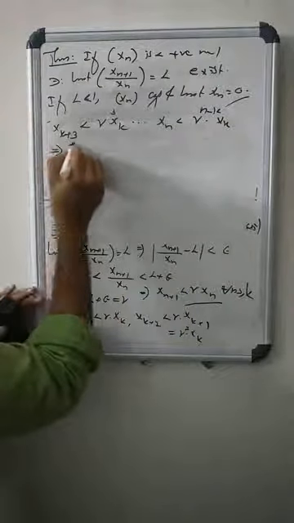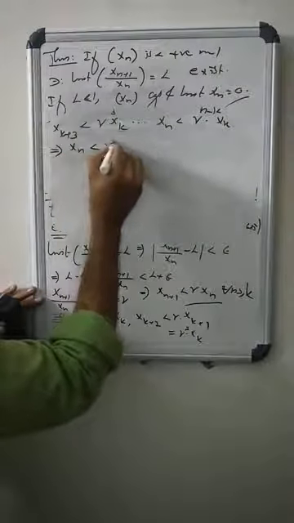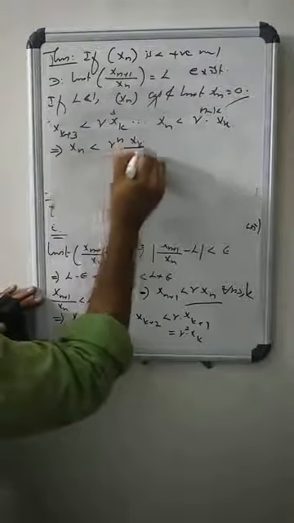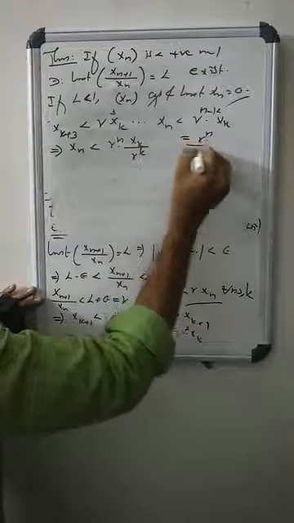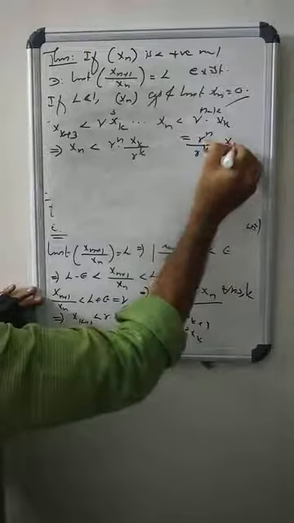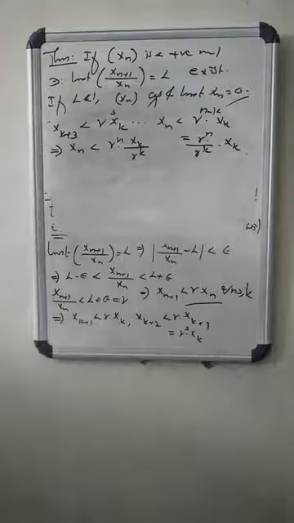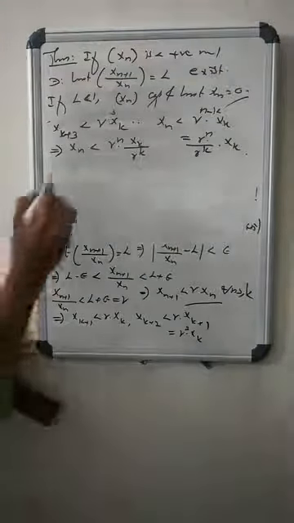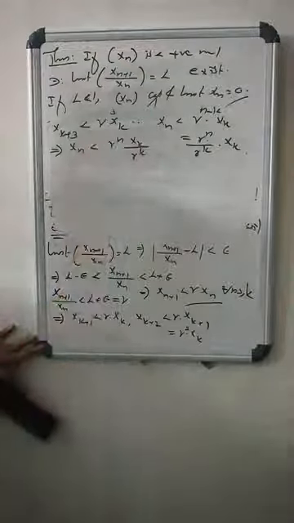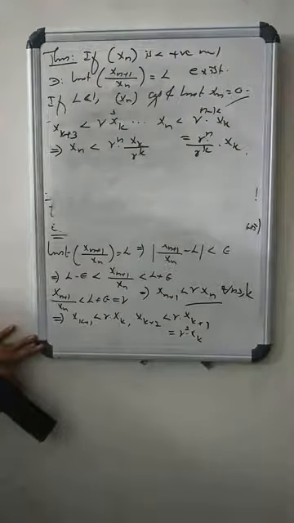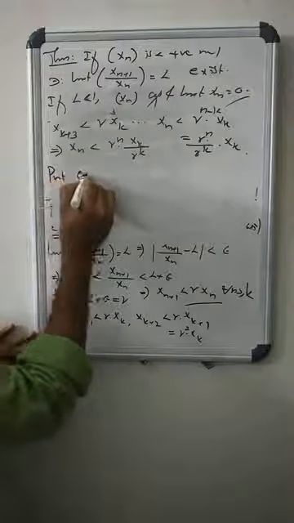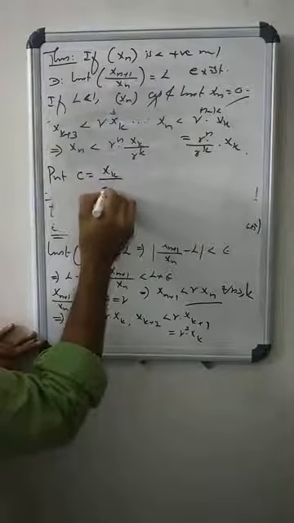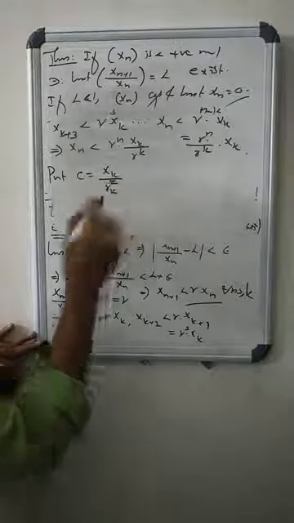That means xn is strictly less than R to the power n times xk divided by R to the power k, since R to the power n minus k means R to the power n divided by R to the power k. Put C equals xk divided by R to the power k.